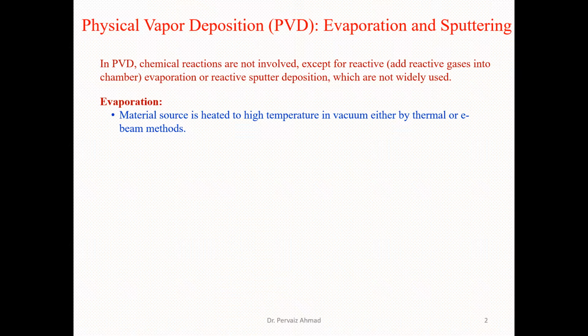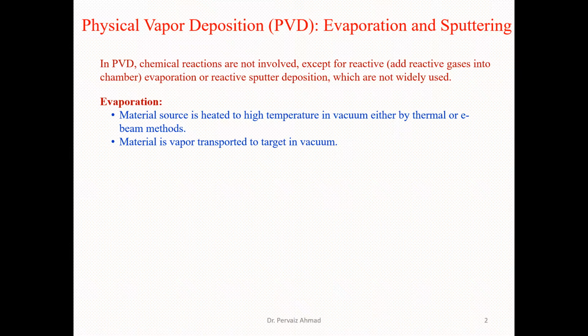The heating is generally performed by a thermal technique, in which we directly utilize a heating source by applying a voltage, or the heating can be performed by the electron beam method. That is, we utilize electrons to heat the source material, and we call that the e-beam method, or electron beam evaporation.